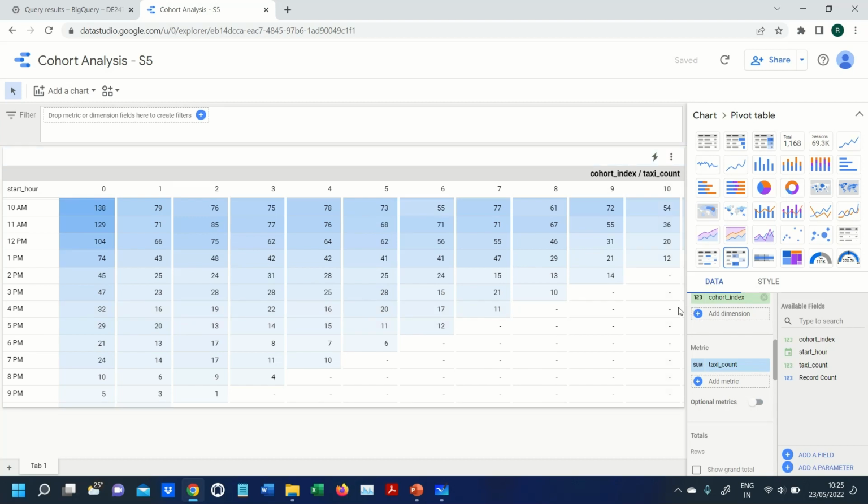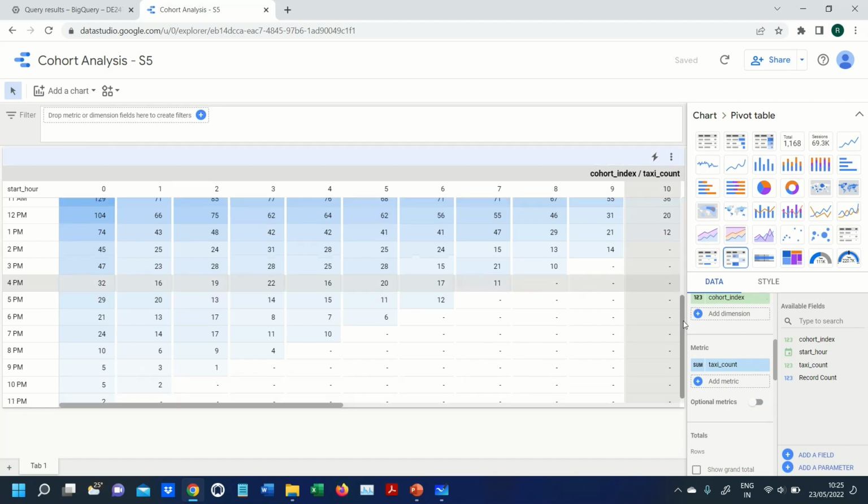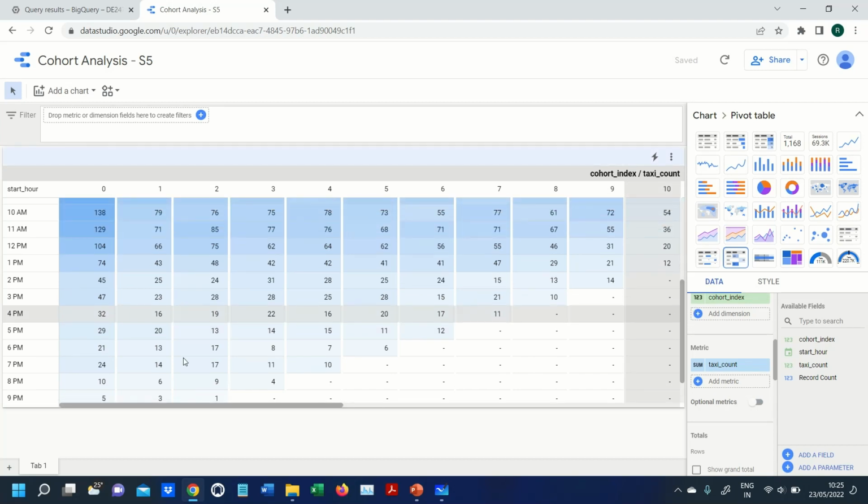The taxis which started their work at 8 p.m., only 10 taxis started their work at 8 p.m. That means they had no transaction till 7 p.m. They started their work at 8 p.m., and at 9, 10 and 11, only 4 are operational at 11.